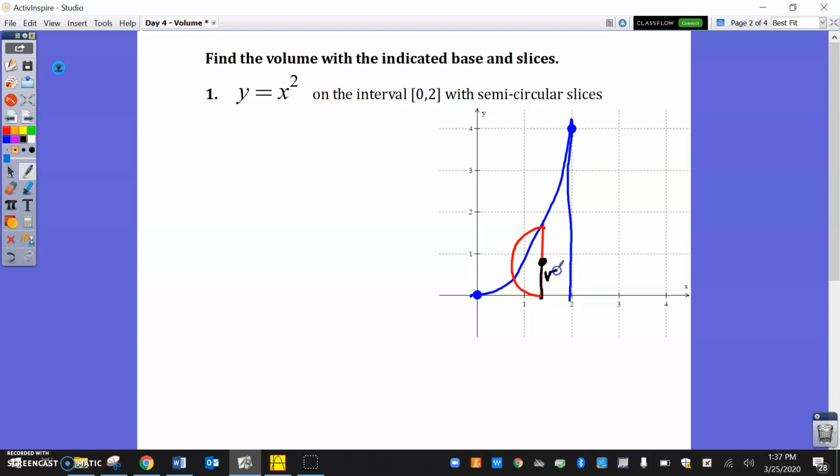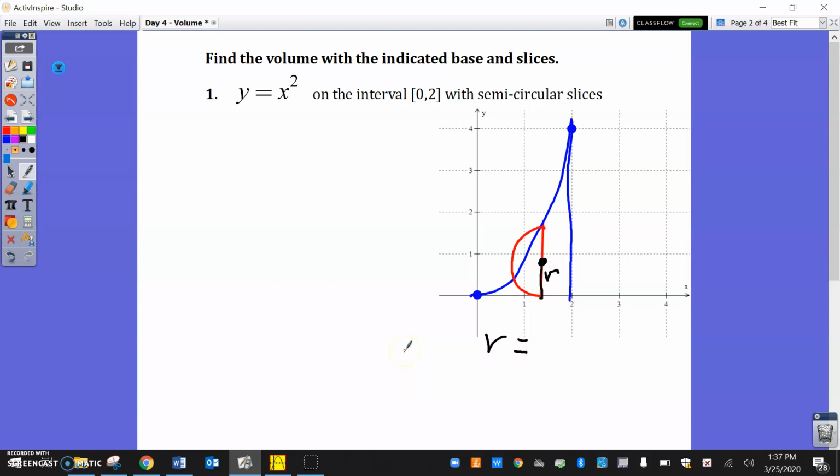So this length right here represents the radius of the semicircle, which, when we did the squares and the isosceles triangles, the side of the square or the base of the isosceles triangle went from the x-axis all the way up to the graph that we drew. Well, now since it's a semicircle, the radius is only half that length.